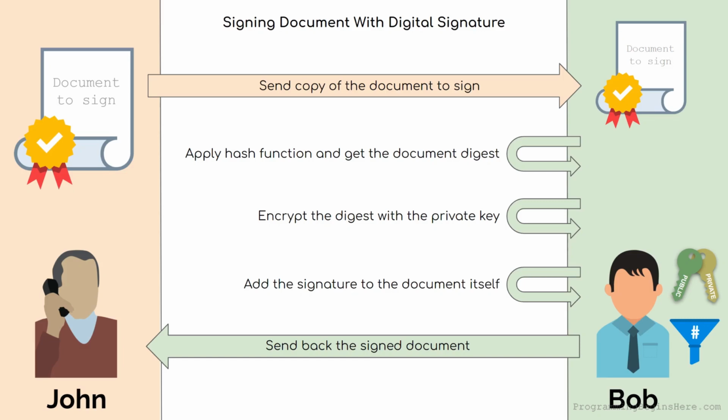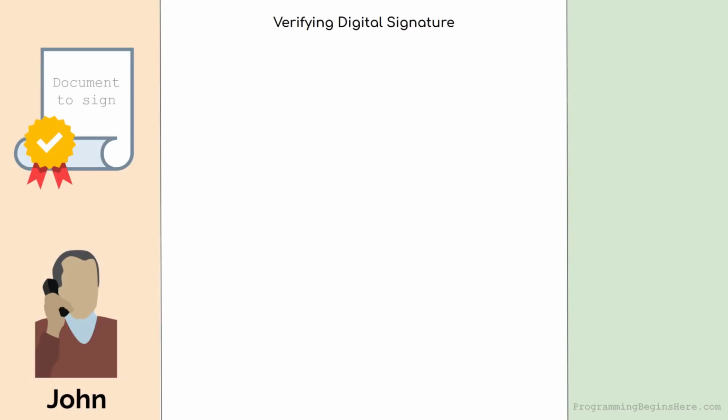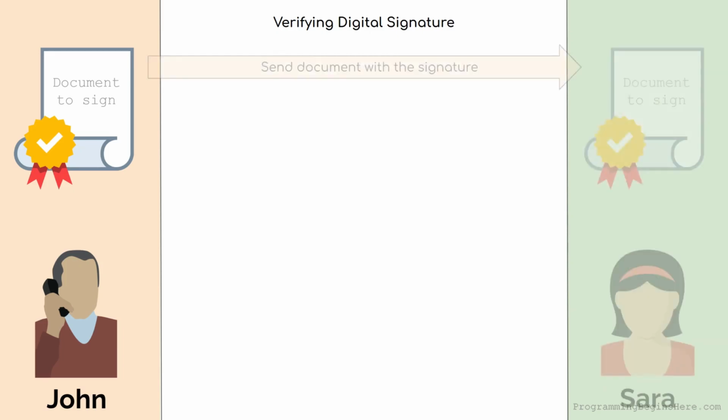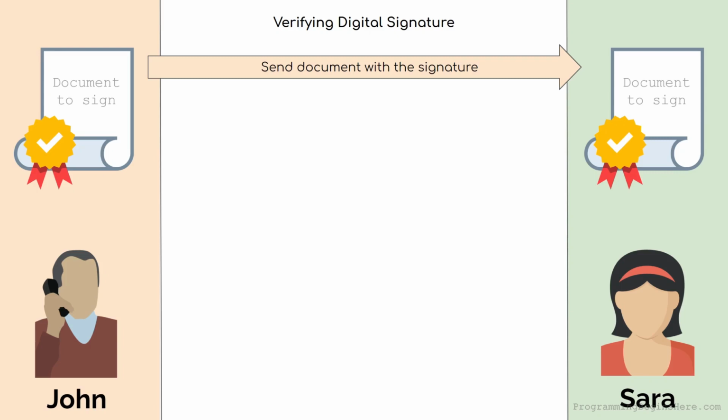Let's see how the signature can be used to prove these things. Imagine that John gives that signed document to somebody else, for example Sarah, and claims that it was signed by Bob. Also imagine that Sarah may not necessarily trust John by word, and she would want to validate the digital signature to make sure that it was really Bob who signed the document and that Bob actually signed exactly that document.